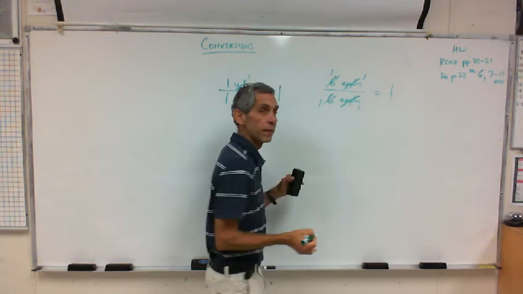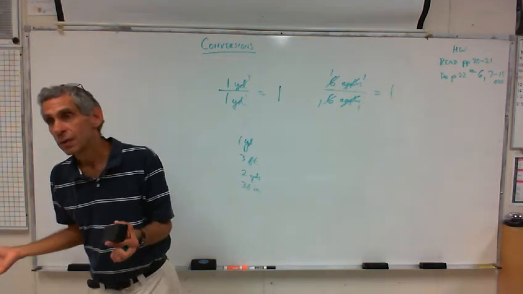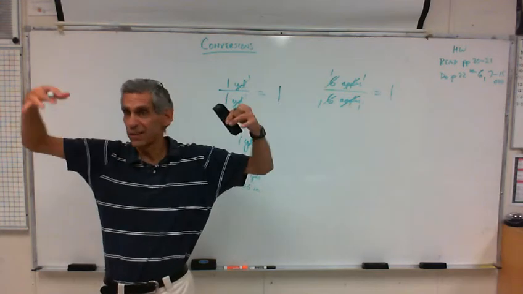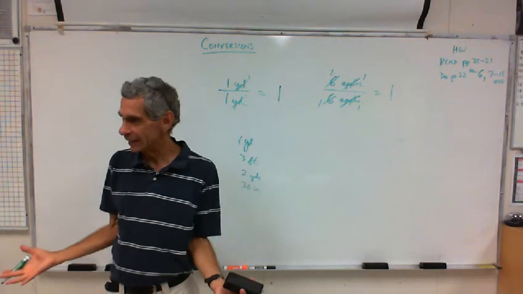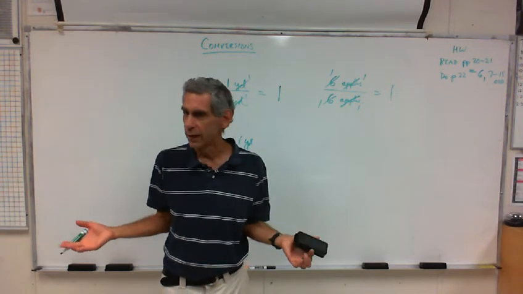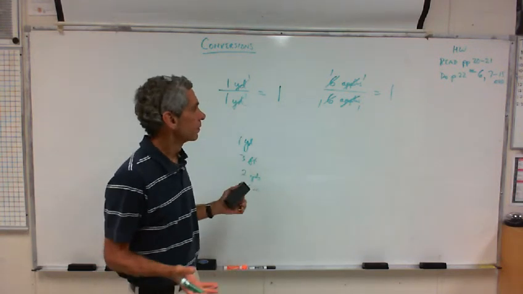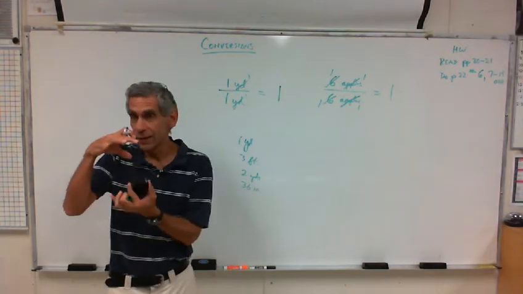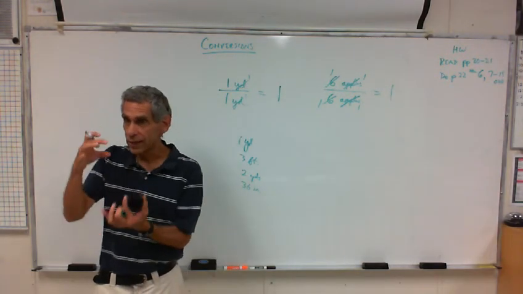It equals 1. It doesn't equal 1 apple. It equals 1, which is this sort of nebulous thing just floating out. The 1 what? That's what we want to say. Not 1 anything, just 1. But you can't do that with apples and oranges because they're not the same kind of fruit.